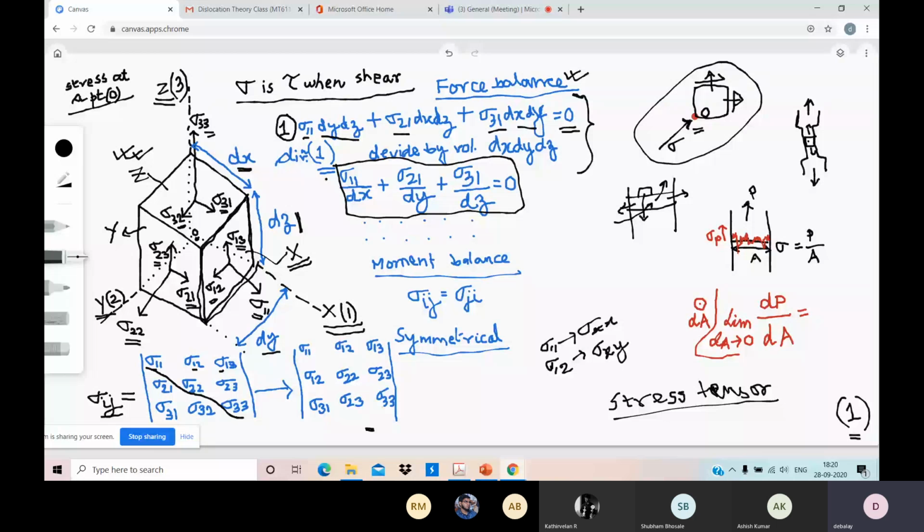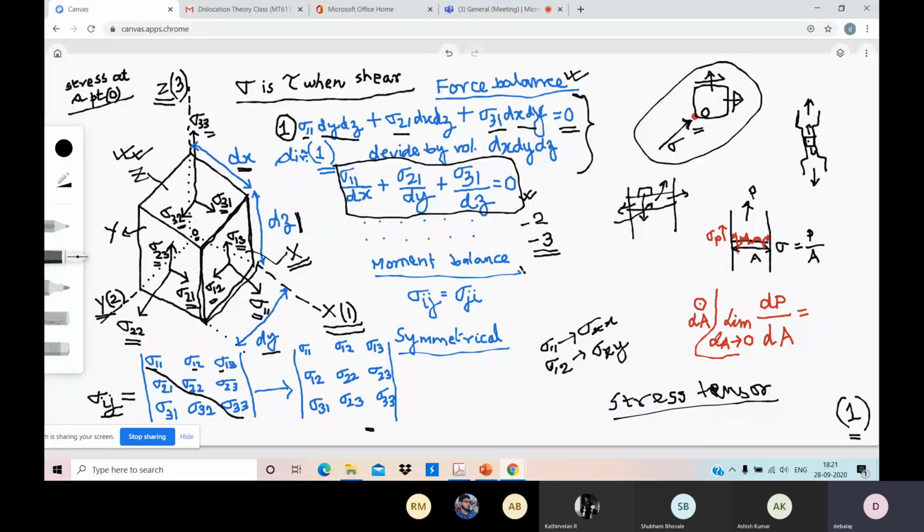Now, if we consider the force along direction 2 and along direction 3, two more such expressions will come. In my PowerPoint presentation, I will show you those expressions, but you need to understand where they are coming from. So, for static equilibrium to be maintained, force balance is the first criterion.